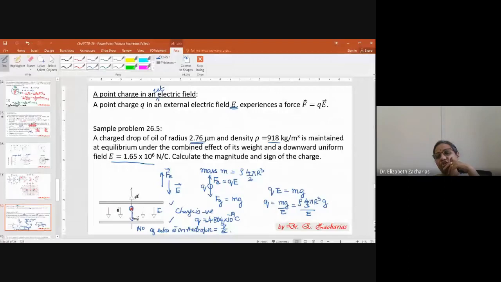What is the charge of 1 electron? 1.6 into 10 to the power of minus 19. Charge is quantized, so just put that.